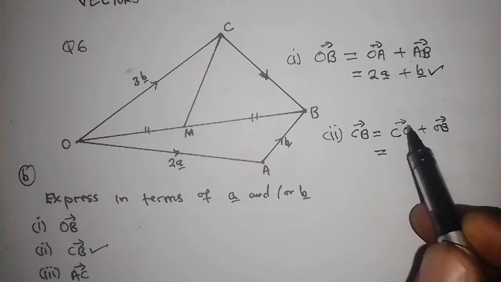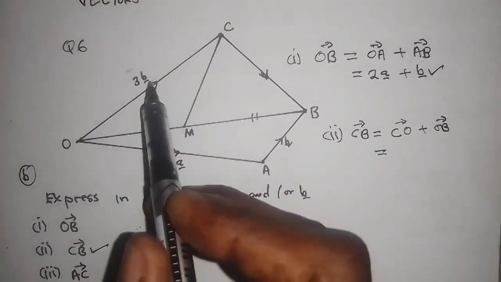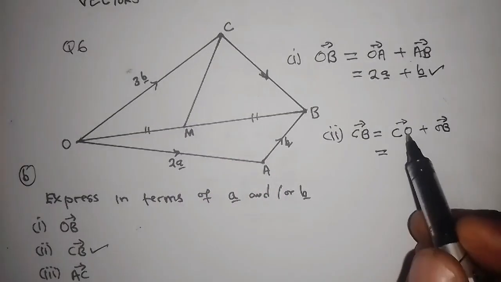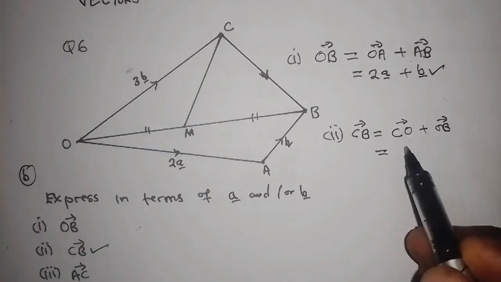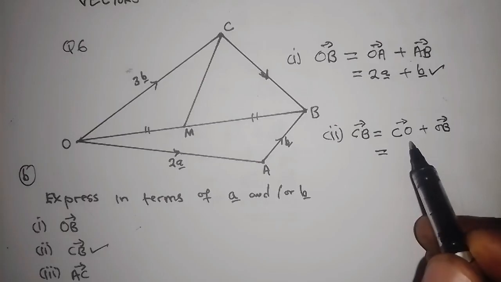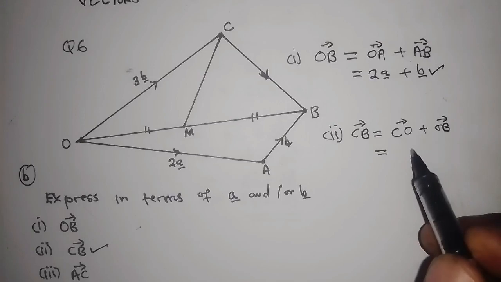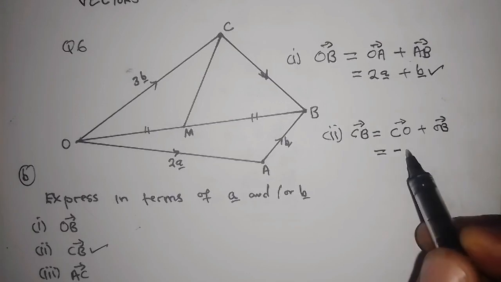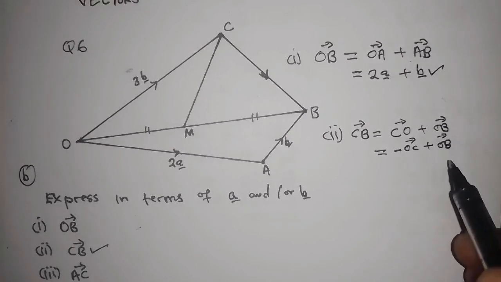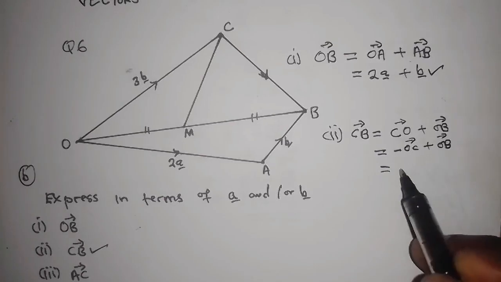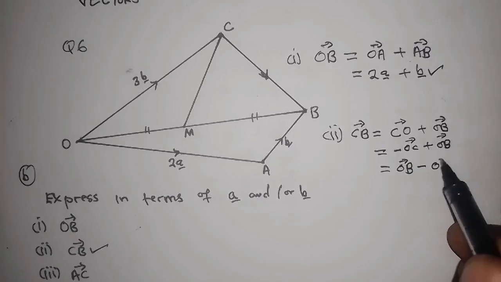Now CO is given by default as OC in terms of the arrow there. So we are going to reverse this one so that we map it with this one. They are facing each other, so I have to reverse this one so that they become head to tail. So this is going to be negative vector OC plus OB. You can just start with OB, then minus OC.